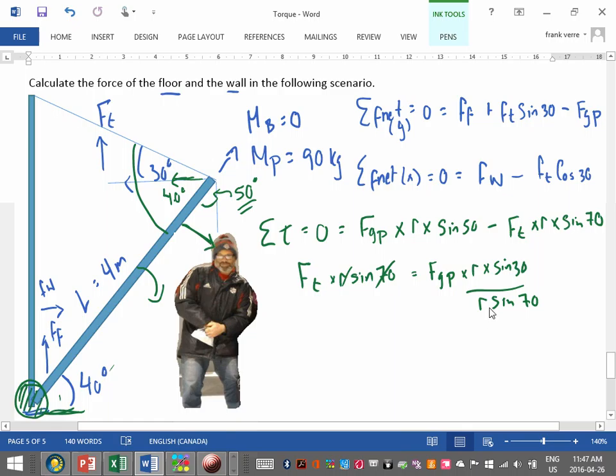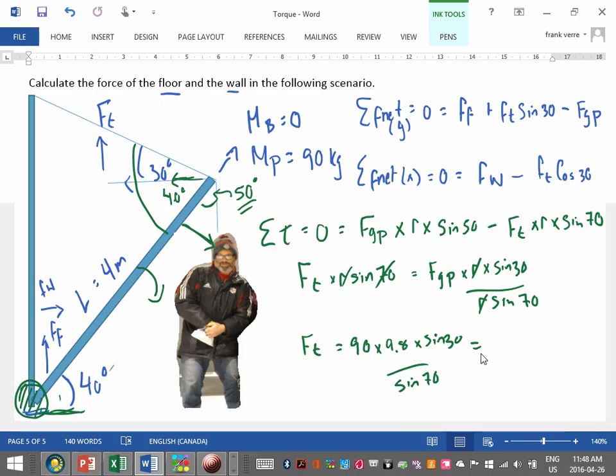You notice the R is going to cancel out. So what's Ft? It's the weight of the individual, so it's 90 times 9.8 times sine 30 over sine 70. What does that give you? 460. Okay, we'll just round off to 469.